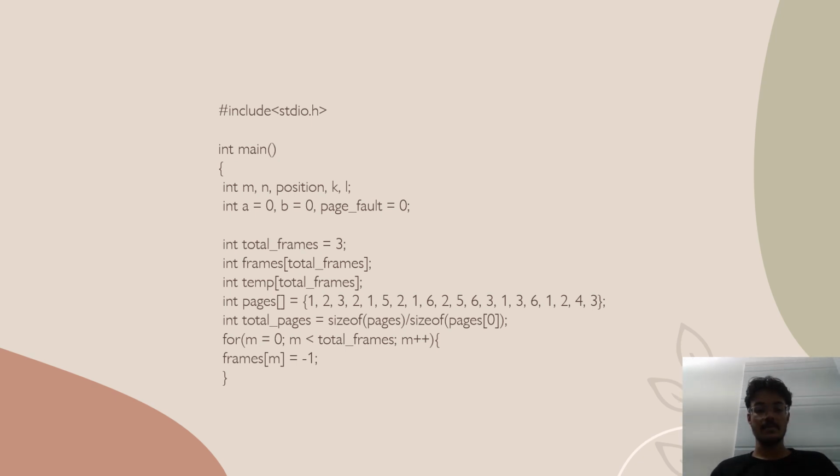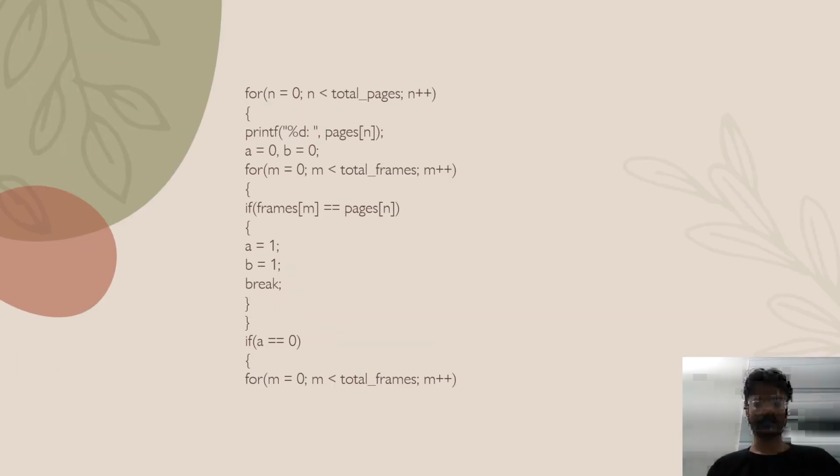Then next use the for loop for this. m is equal to 0, m is less than total frames, m plus plus. You have to increment m by 1. Then frames of m is equal to minus 1. At the initial level the frame value will be minus 1. Next is the print statement for a and b.